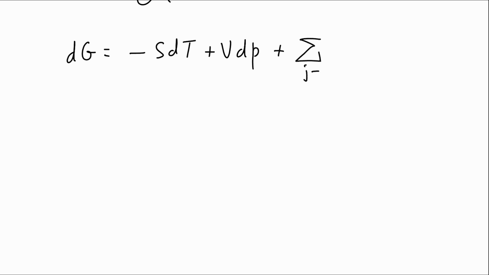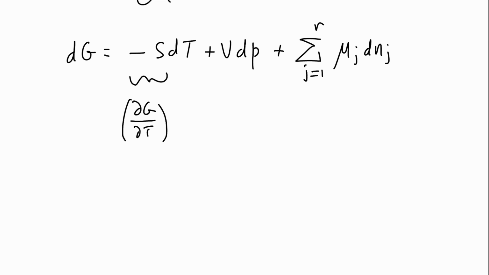And I can write my dG as minus S dT plus V dP, and I have another term, which is the sum of mu sub J dN sub J. Minus S is partial G, partial T, at constant P and N's. The V is partial G, partial P at constant T and all the N's.